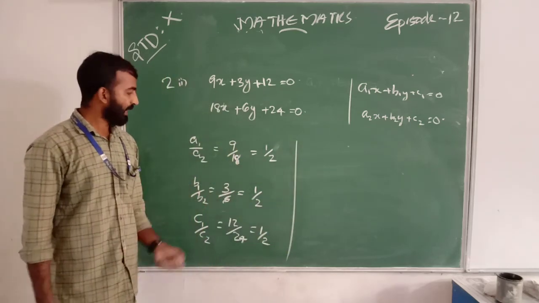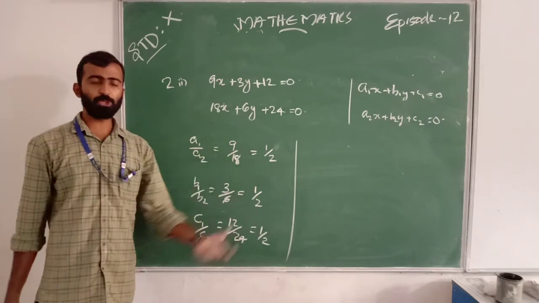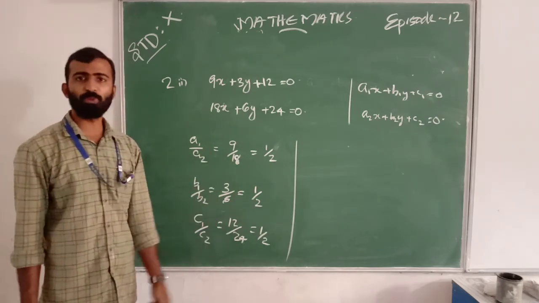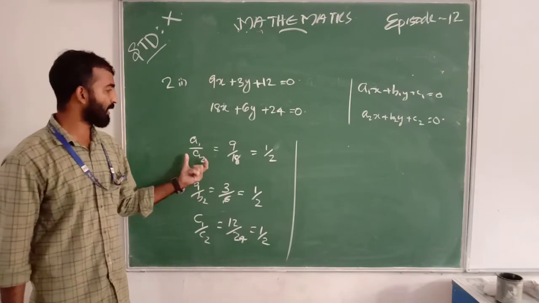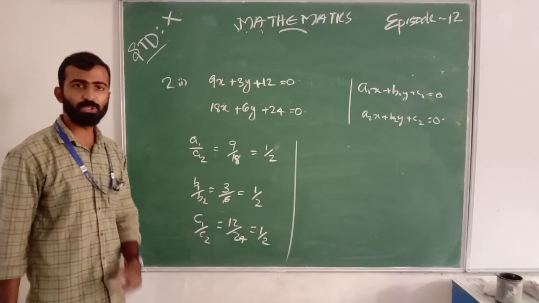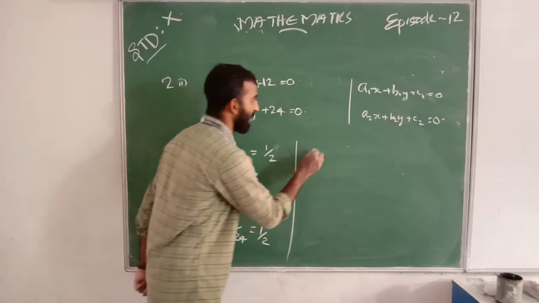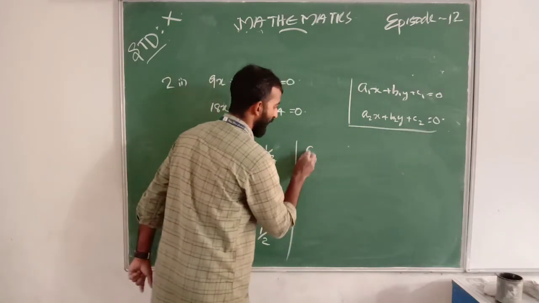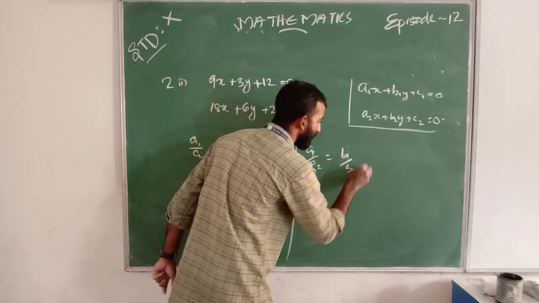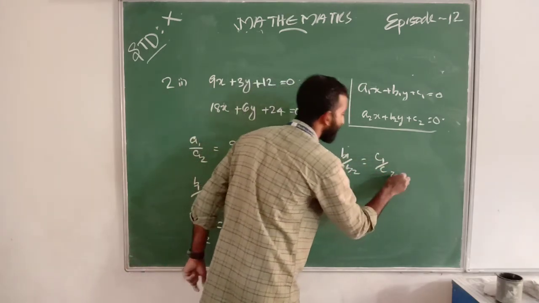Here we can see a1 by a2 is 1 by 2, b1 by b2 is 1 by 2, c1 by c2 is 1 by 2. That is, we can write a1 by a2 equal to b1 by b2 equal to c1 by c2.